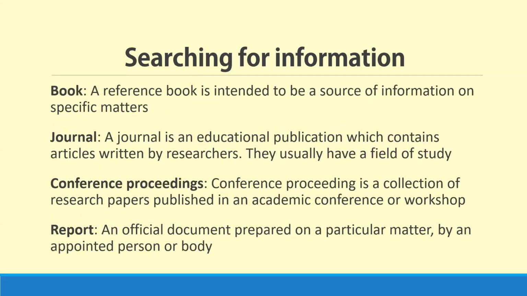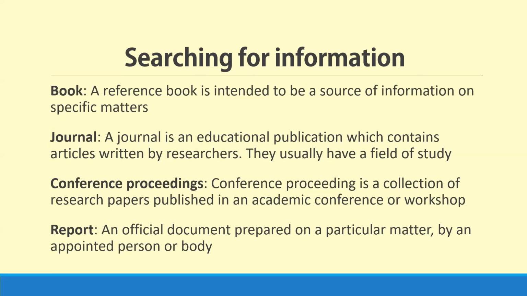For example, books that are available for referencing. Not every book, you can't use storybooks, right? So the reference books with technical information related to your research area can be referred to when you are doing the literature review.